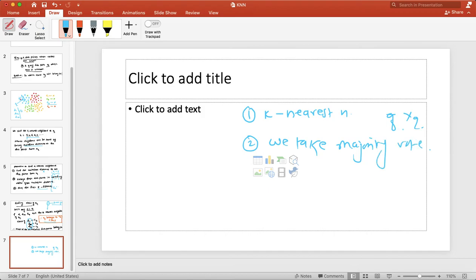So XQ will belong to the class to which the majority of the neighbors belong. In our case, of D1, D10 and D14, 2 data points belonged to class C3 and only one belonged to class C4. That's why we said that XQ belongs to C3. So that is the KNN algorithm.